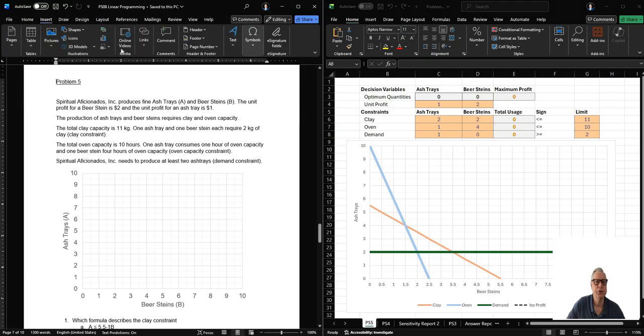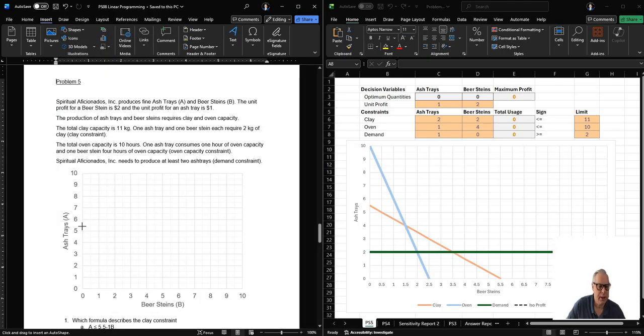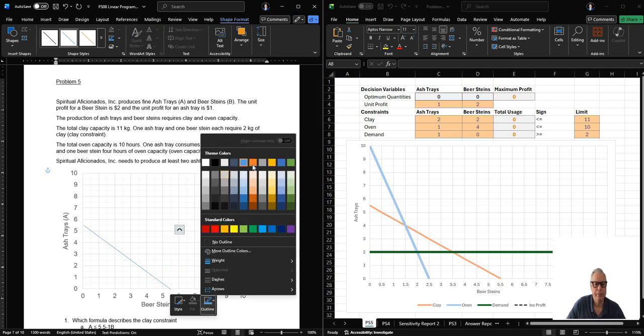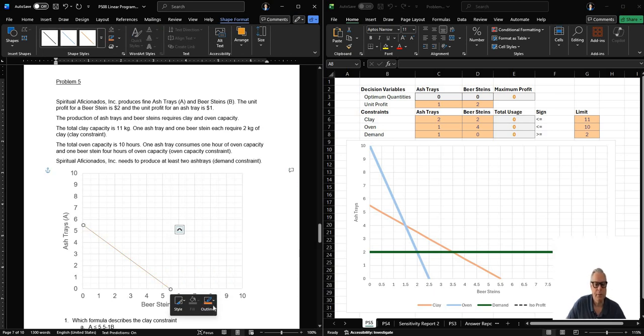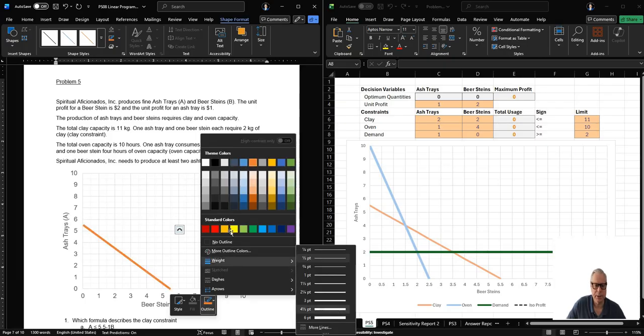So insert, so what I do is I'll just quickly insert a line that goes from 5.5 to 5.5, and okay, make it orange too so it matches the Excel, make it a little bit bigger.